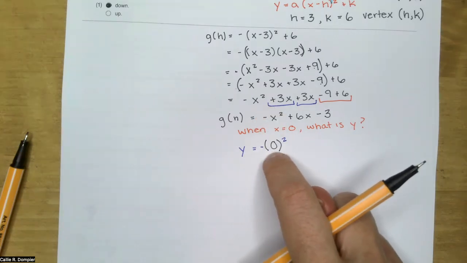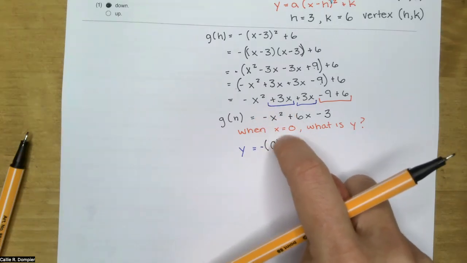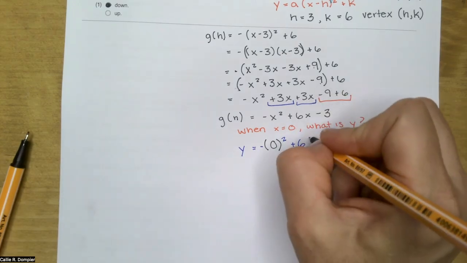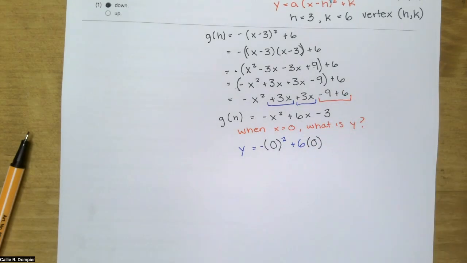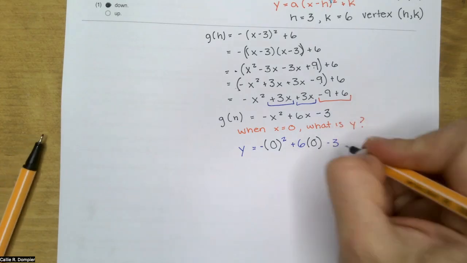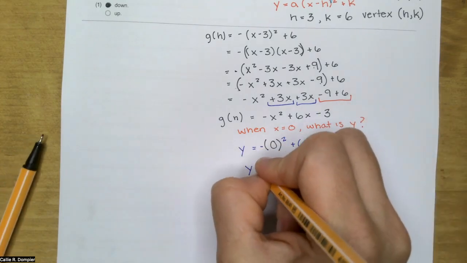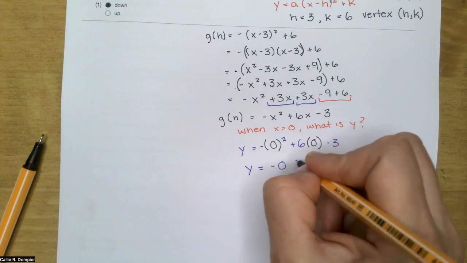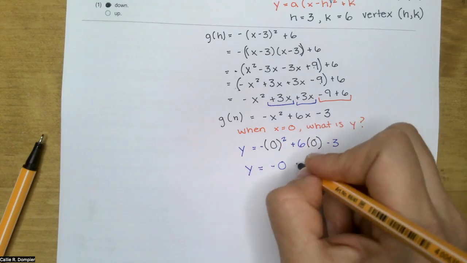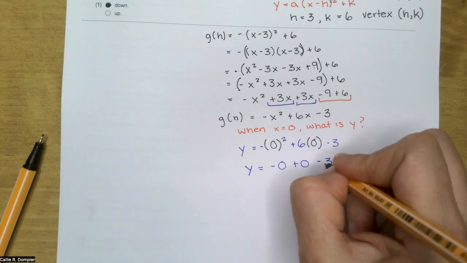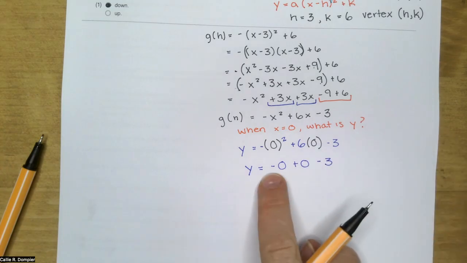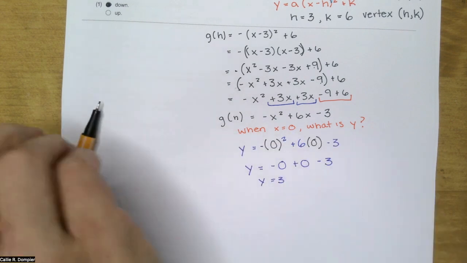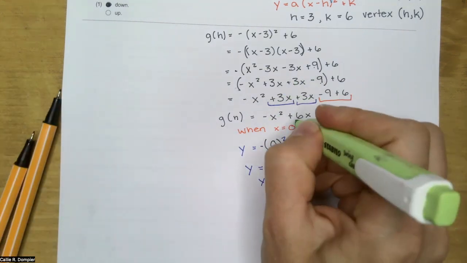So there's my minus sign, changing the x to a 0, squaring it, plus 6 times 0 minus 3. And I get y equals 0 squared is 0, negative 6 times 0 is 0, minus 3. It does not matter if your 0 is negative or positive, they both disappear. So y equals negative 3 when x is 0.